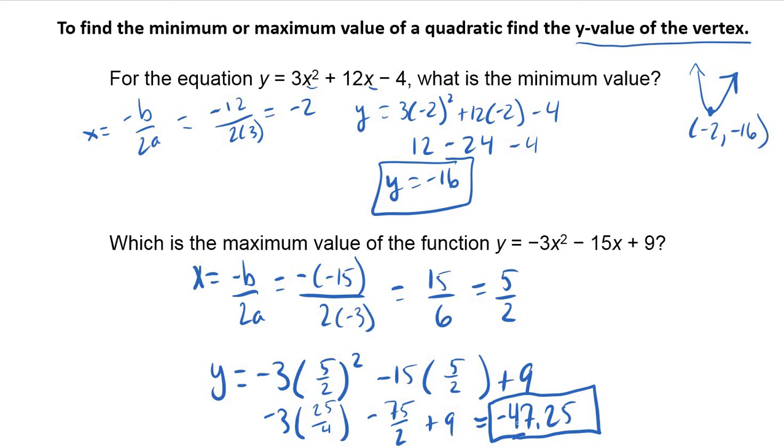What is the maximum value? Did I do something wrong? Negative 3, 5 halves squared, minus 15 and 5 halves plus 9. Alright, quick check on my math. I realized what I did wrong, and this is good for you. I make a lot of mistakes as well. It's okay.